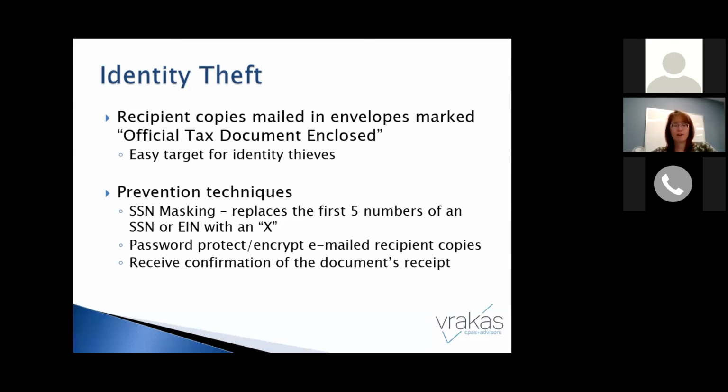They don't care about federal fraud, but one thing you can do, as I mentioned before, is X out the first 5 digits of the Social Security number or EIN, so they only have the last 4. Or you can send them electronically. You just have to make sure that you get proof that you're sending it to the right email address and that the recipient has availability to get a paper document if they want.